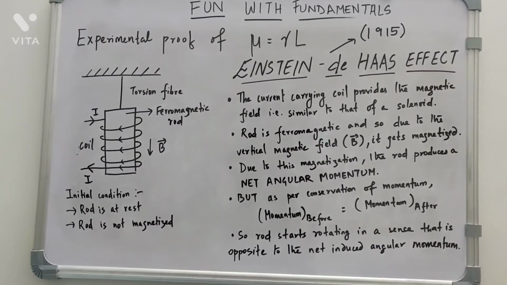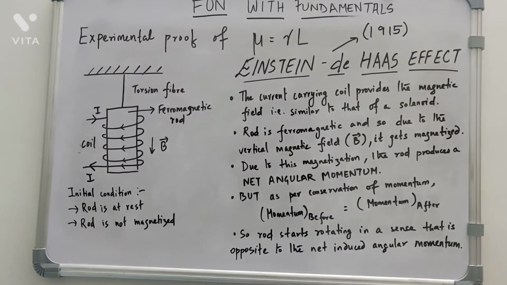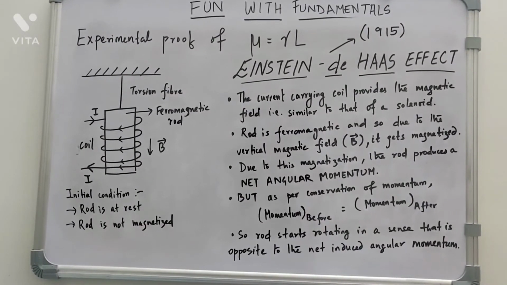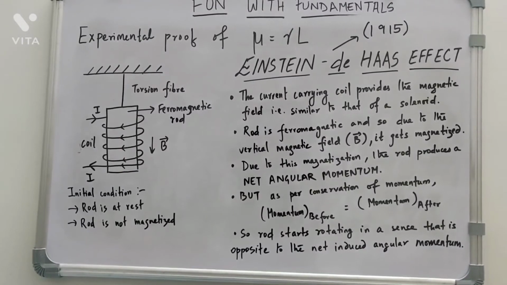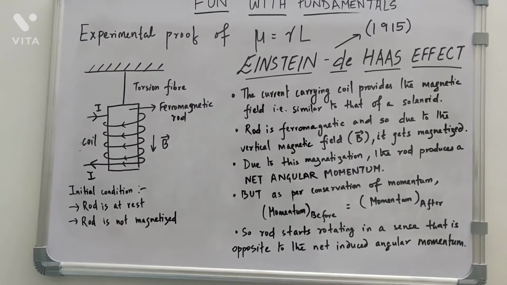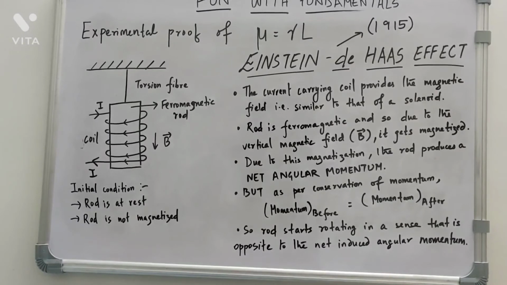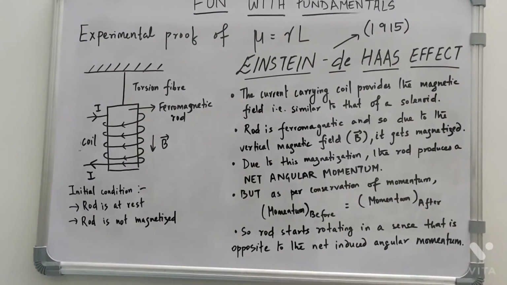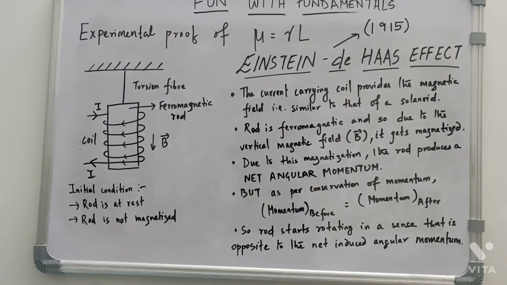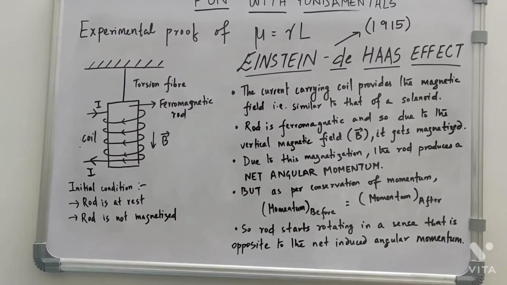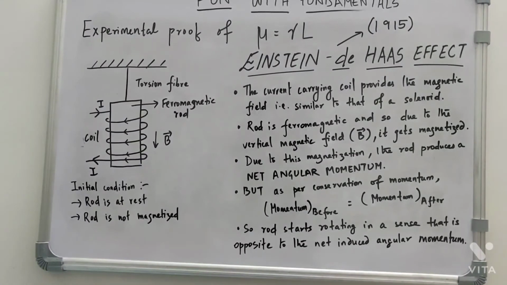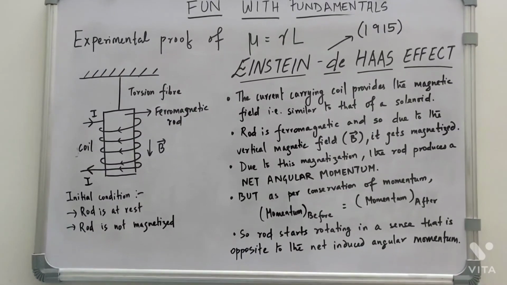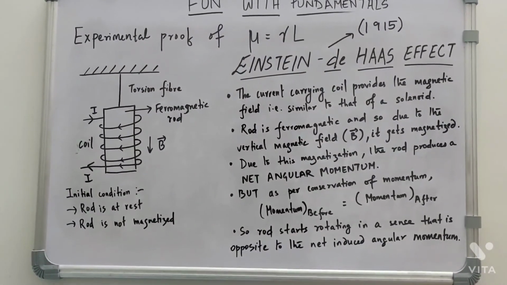Since the rod is ferromagnetic, the moments in the ferromagnetic rod align in the direction of the applied field, and hence the rod gets magnetized. Due to this magnetization, now the rod produces a net angular momentum. But as you know from the law of conservation of momentum, the momentum before should be equal to the momentum after. And as you know, the rod was initially at rest, so the momentum before is equal to 0.